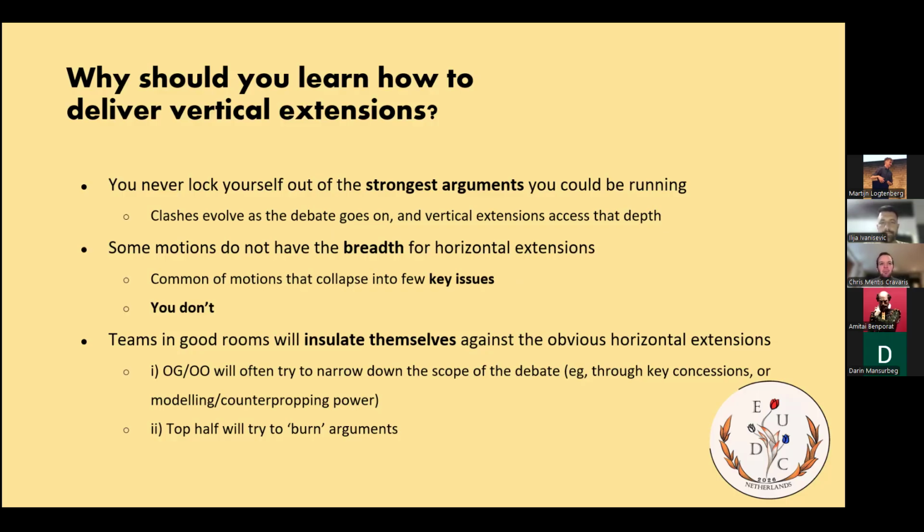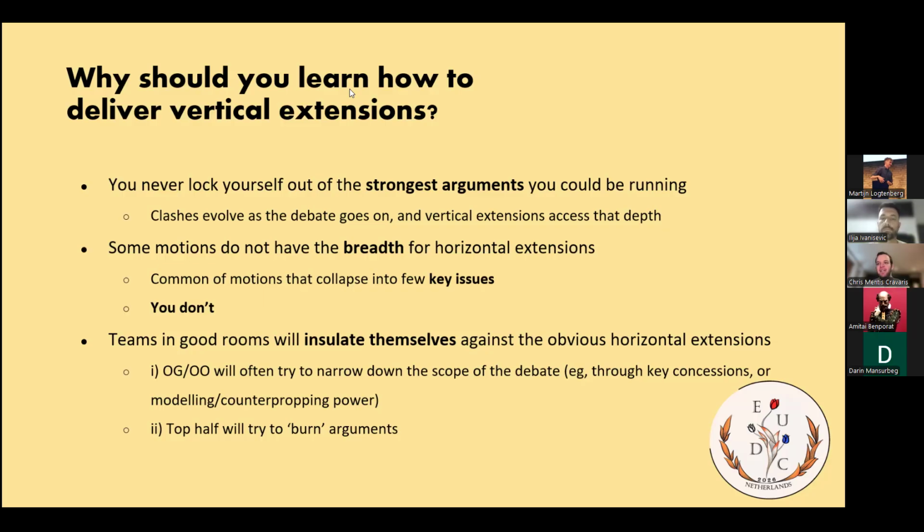And the important thing is that for many motions, there will often be a few key issues that are being discussed. Things like individual freedoms, for example, things like economic prosperity, etc. And if you really try to insist on running a horizontal, you end up pushing yourself away from the core and the important parts of a debate.